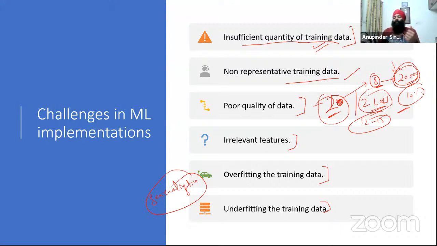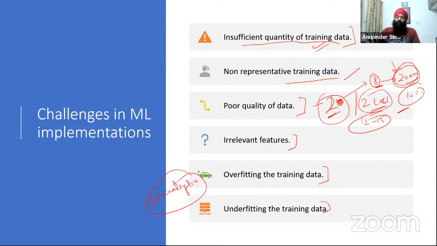Like the example I have given you of the shopping list data, where the majority of the shopping list was from the female category, but there were only a few records from the male. In that case, if you train the model using that data, overfitting will happen towards the female gender for that particular shopping platform.